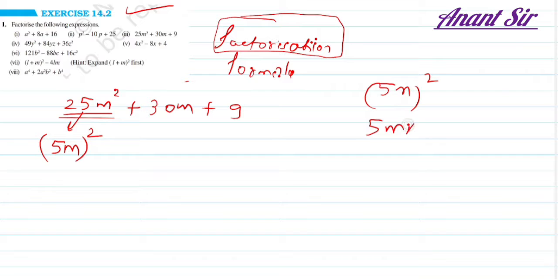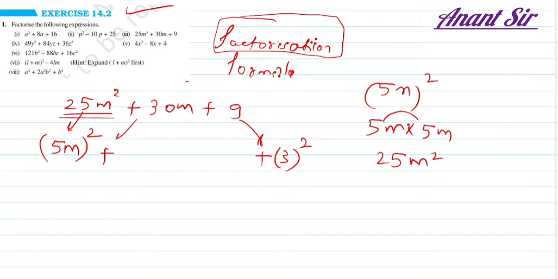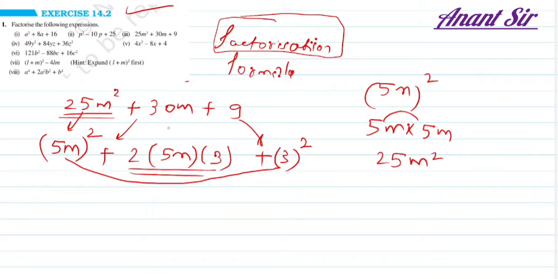It is 5m times 5m. 5 5s are 25, m into m is m square. Then is the third term a square of any number? Yes, it is square of 3. Then give the sign of the middle term as it is. Then multiply these two terms by 2: 2 into 5m into 3. Do we get the middle term as the answer? 5 3s are 15, 15 2s are 30m.